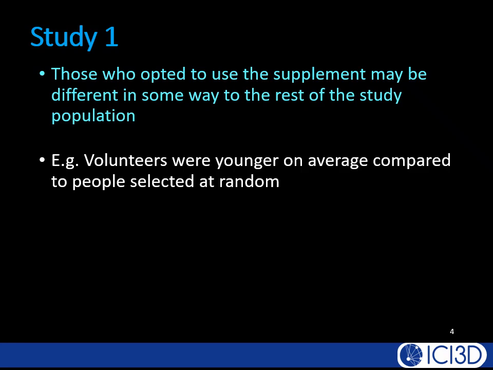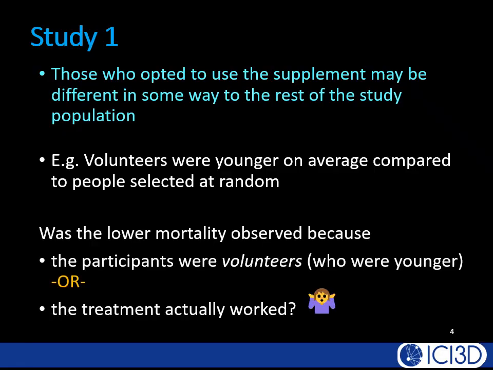Because of their interest in their health, they decided to try the supplement, but they are also taking other precautions to stay healthy at the same time. So now when we look at the results, one needs to ask, was the lower mortality observed because the participants were volunteers who were, for example, younger, or because the treatment actually worked? And it's difficult to answer this question from the information we have.